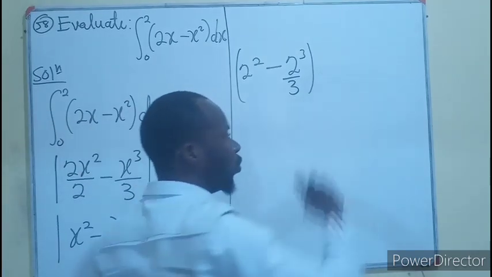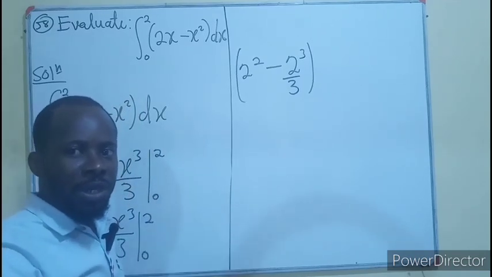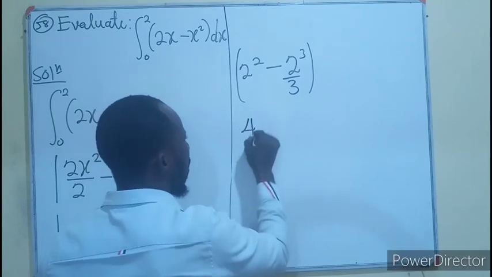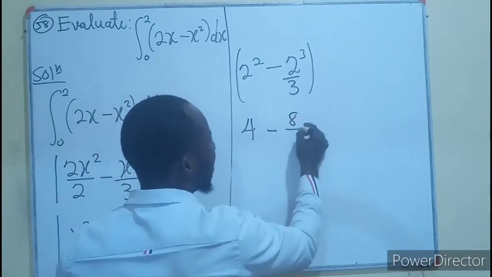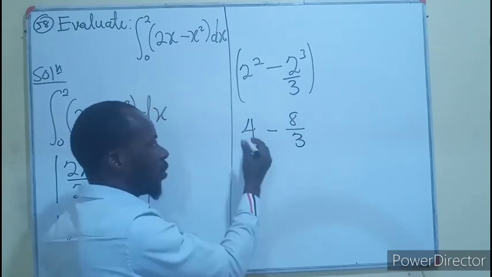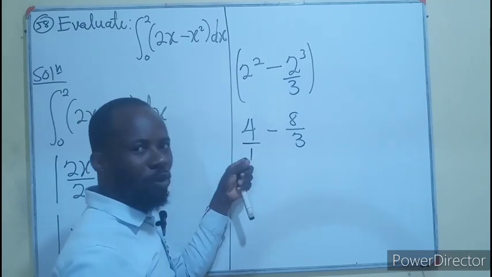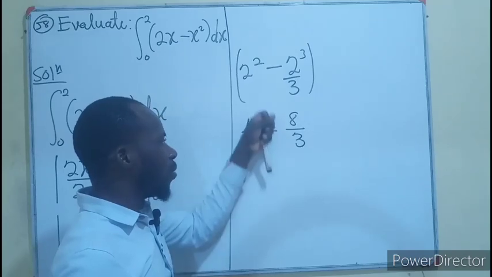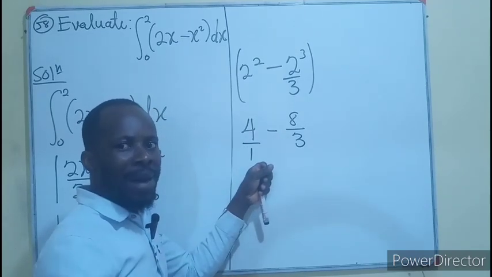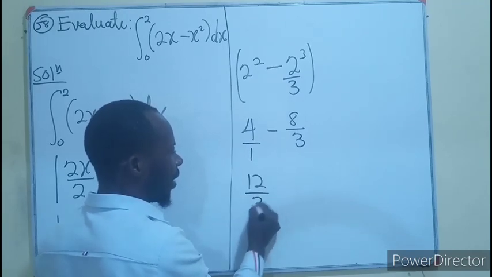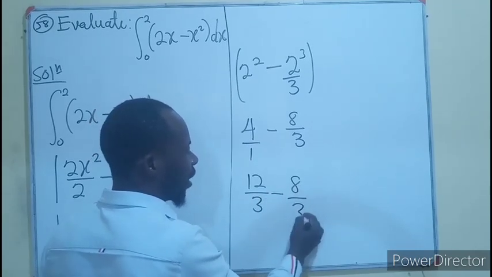So no need introducing the substitution for the lower limit. So this is going to be 4 minus 8 over 3. Have your denominator of 1, making this 3, meaning I'll be multiplying both the numerator and the denominator by 3. So 12 over 3, minus 8 over 3.